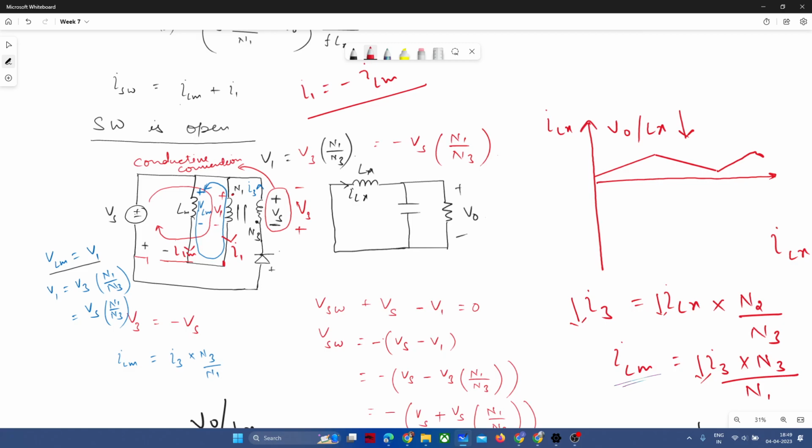See, let me redraw this circuit. Then I think it will be clear. It is quite a mess now, so that's why you might get confused. So see, this is the supply here. This is LM.